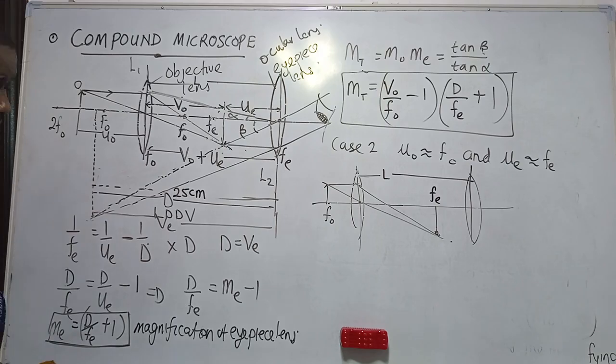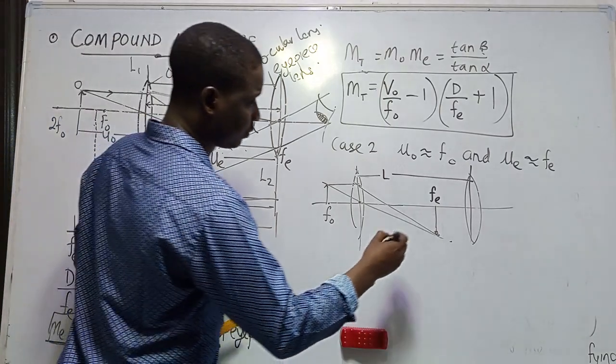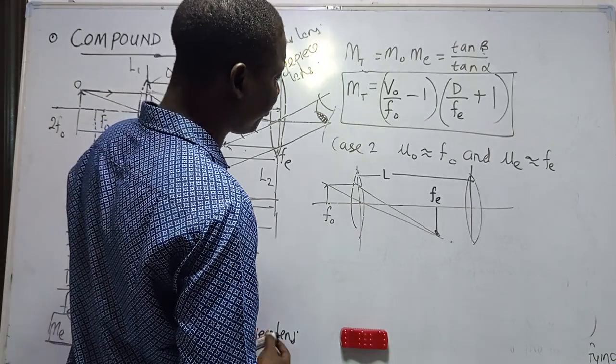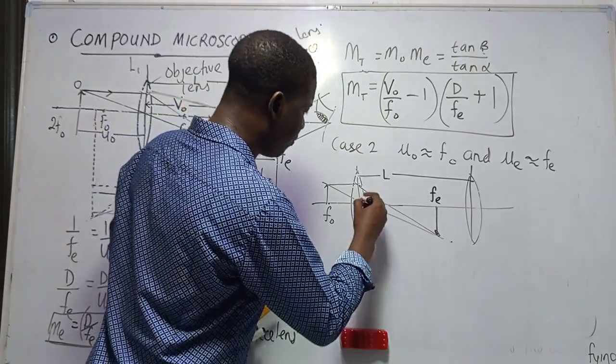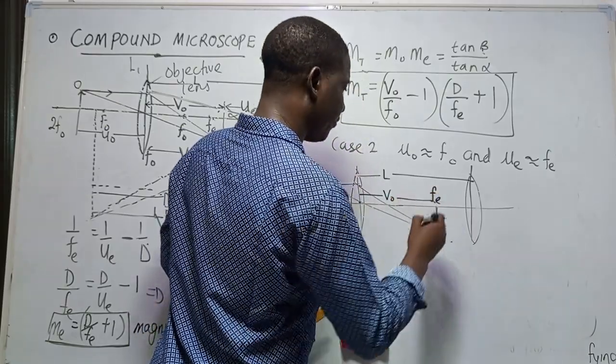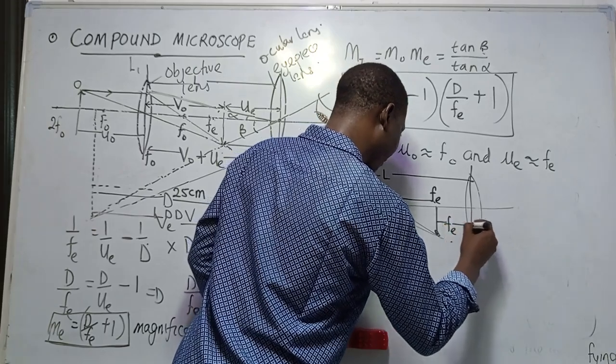What will happen? From here to this place is V naught, and from here to here, let's say, is Fe.